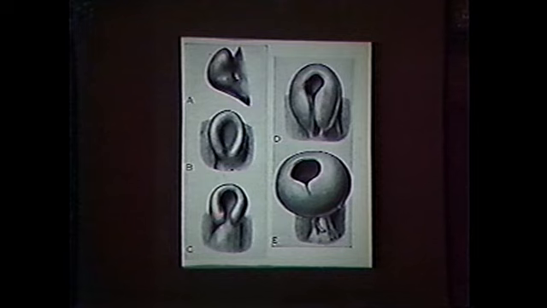Now, if these cells proliferate at a greater rate than these cells do and don't do it in unison, then you can see how you might get a bulging down in here, and that will prevent the closure of that fissure. So that's one theory behind why you get colobomas.